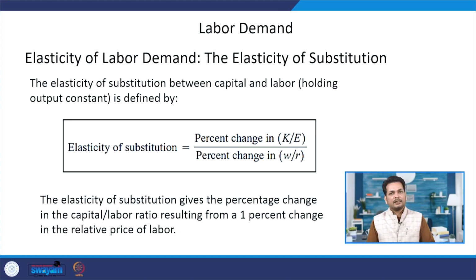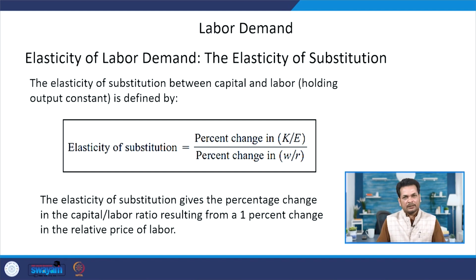So, the elasticity of substitution between capital and labor holding the output constant can be defined as the percentage change in the capital-labor ratio resulting from a 1% change in the relative price of labor.